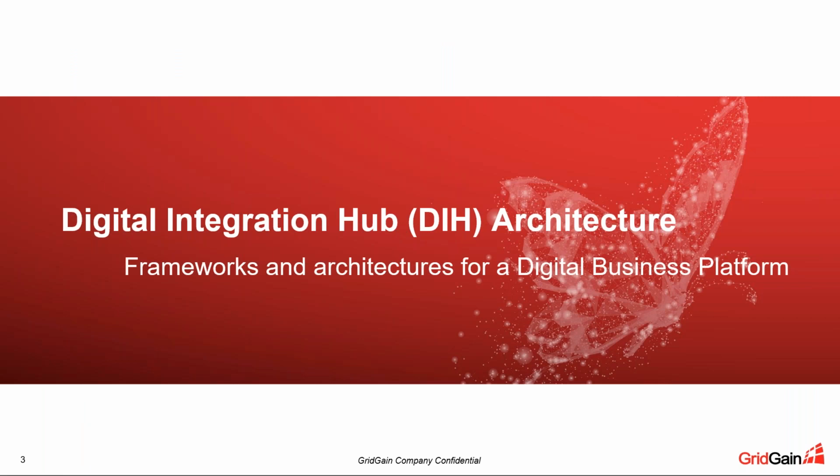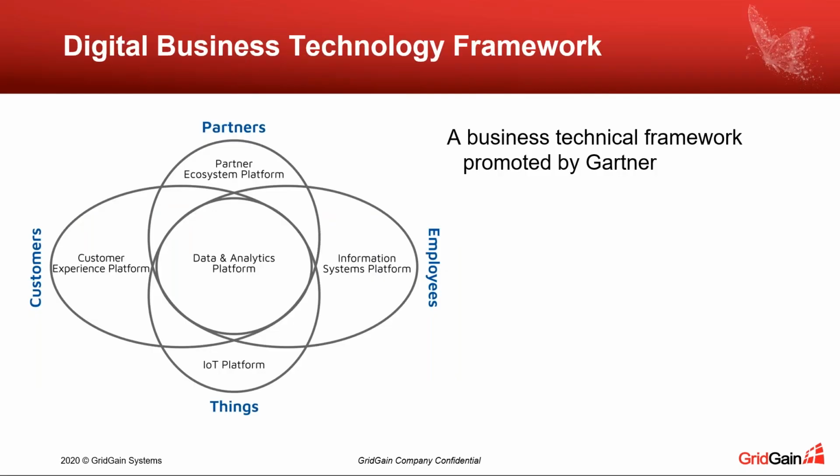So if we start with the digital integration hub, let's investigate how it fits within a technical framework for digital business. Again, focused on the objective, which is for the digital integration hub to deliver a digital business platform. So how do we think the digital business platform, or at least the technical part of the platform, fits?